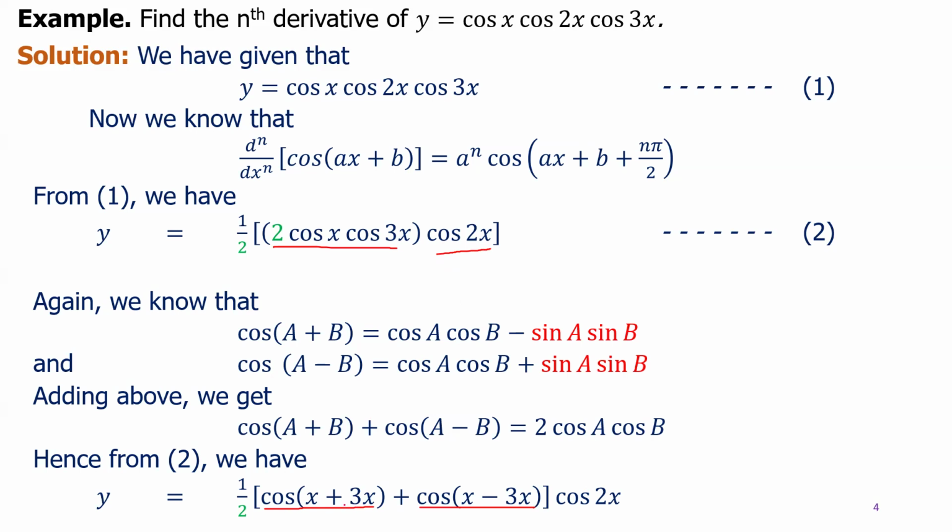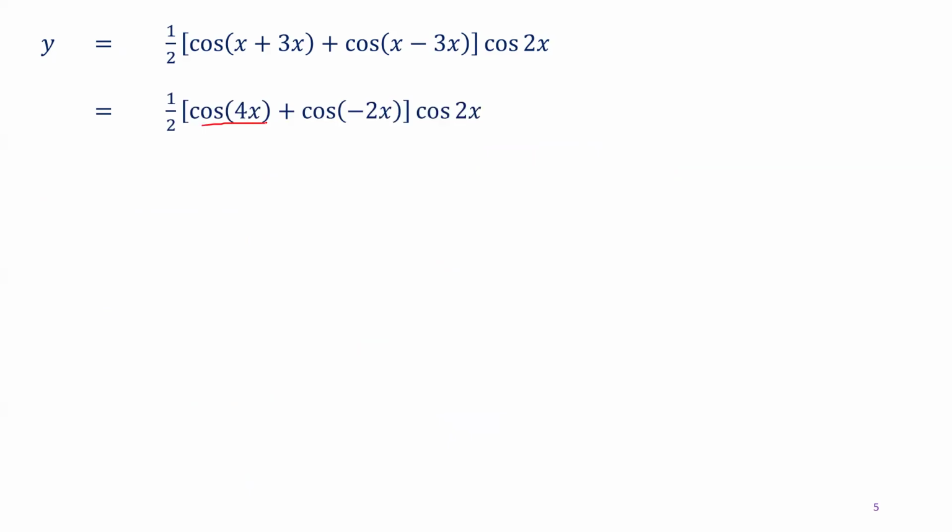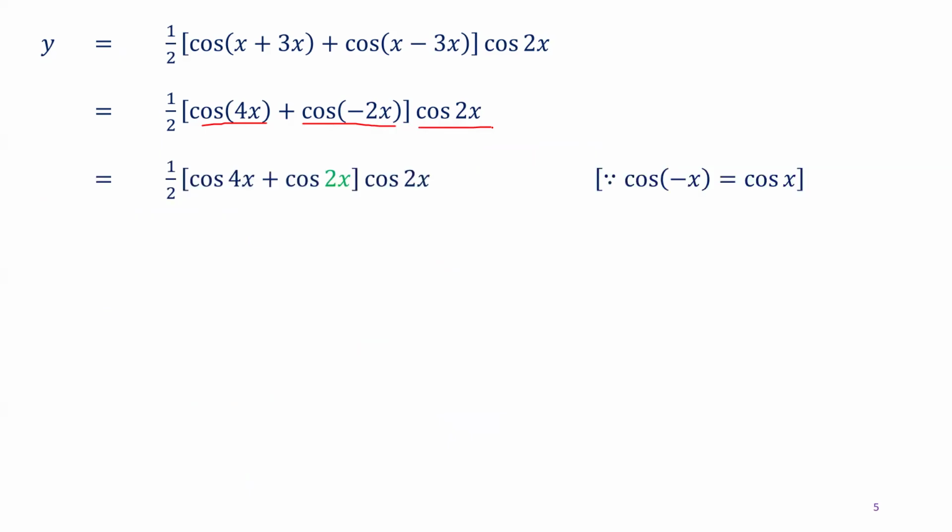Cos(x + 3x) is cos 4x and cos(x - 3x) is cos(-2x). So y is 1 upon 2 into cos 4x plus cos(-2x), into cos 2x. But we know that cos of minus theta is cos theta, so it is cos 4x plus cos 2x, because cos(-2x) is cos 2x, into cos 2x.